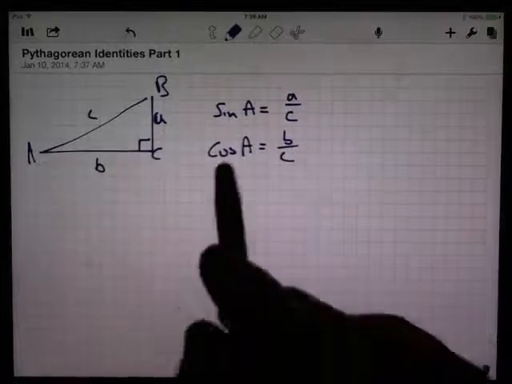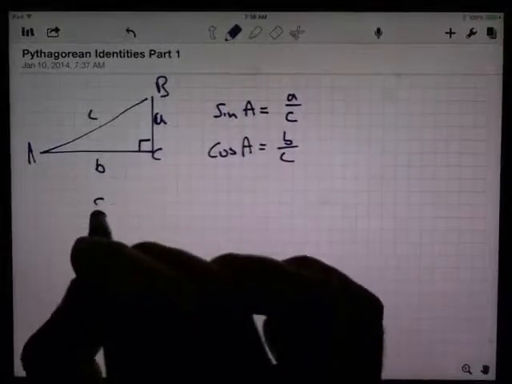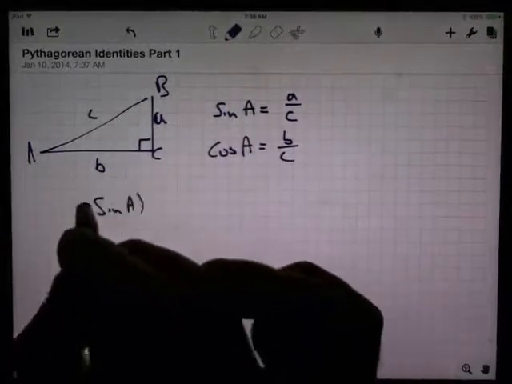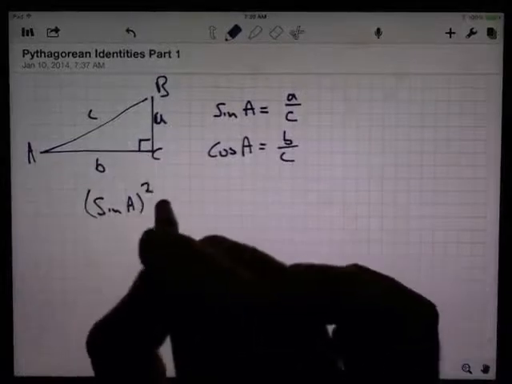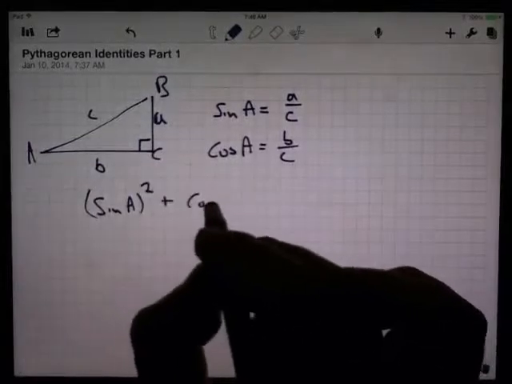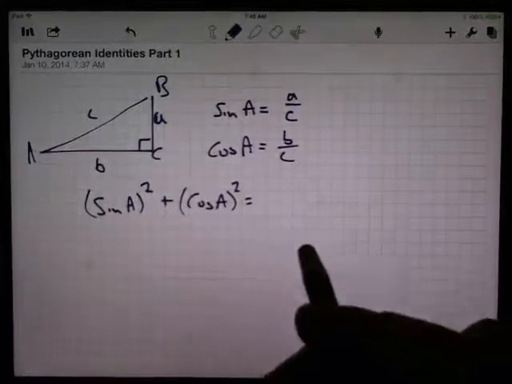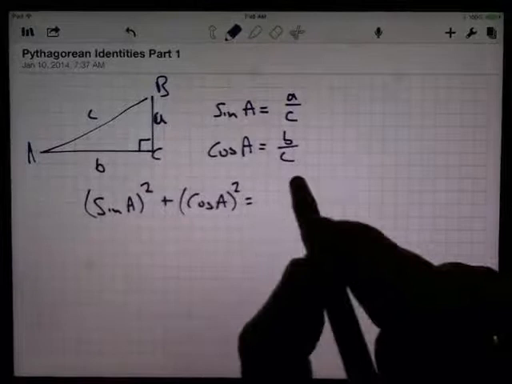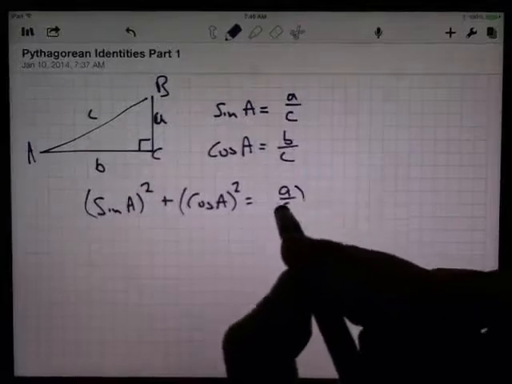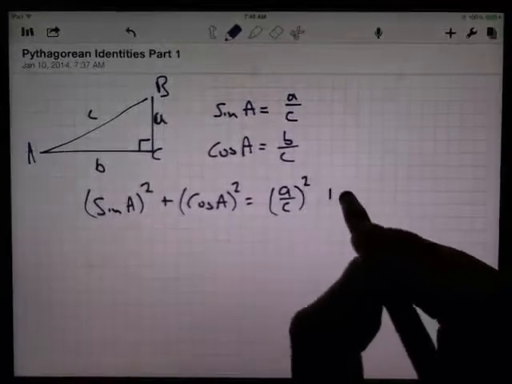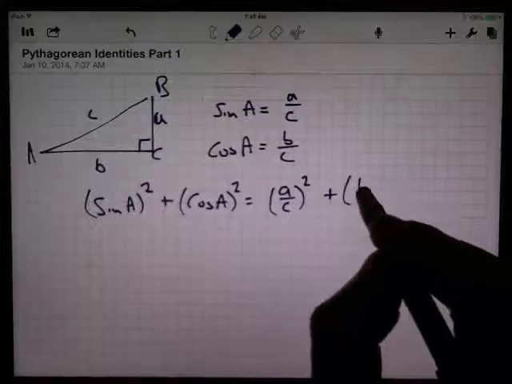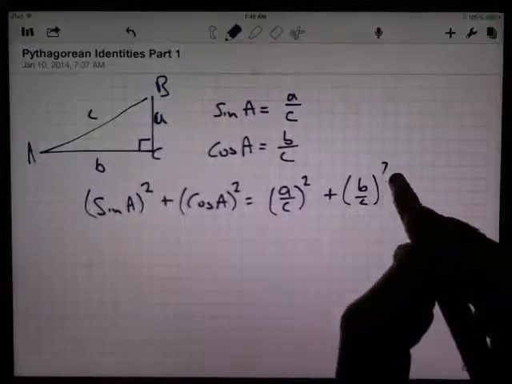What I'm going to do though is take the sine of A and square it, and then add to that the cosine of angle A and square it. So here we go. The sine of angle A is a over c, and I want that squared. And the cosine of angle A is b over c, and I want that squared.